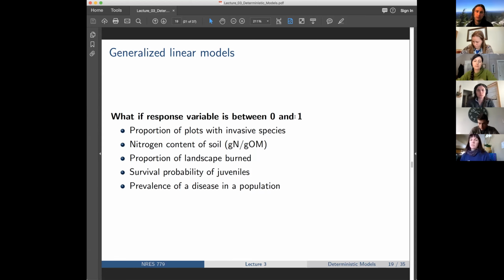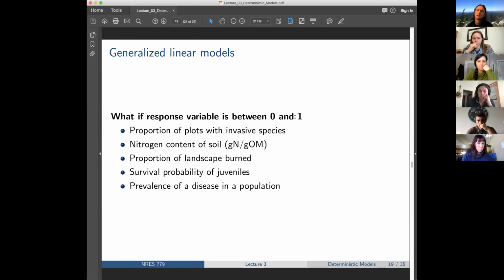Does anybody know off the top of their head what type of model we might use for values between 0 and 1? This one is used a lot less. The one that comes to my mind is something called beta regression.